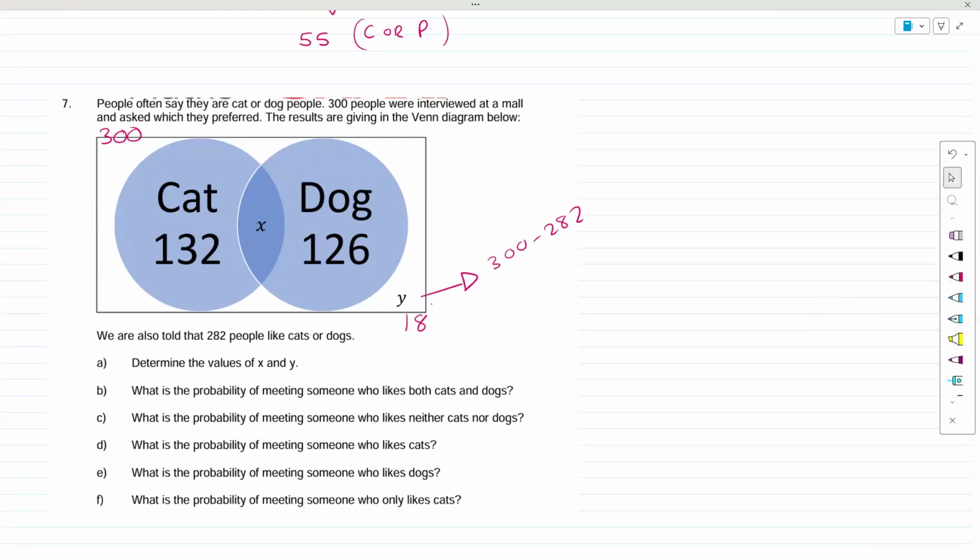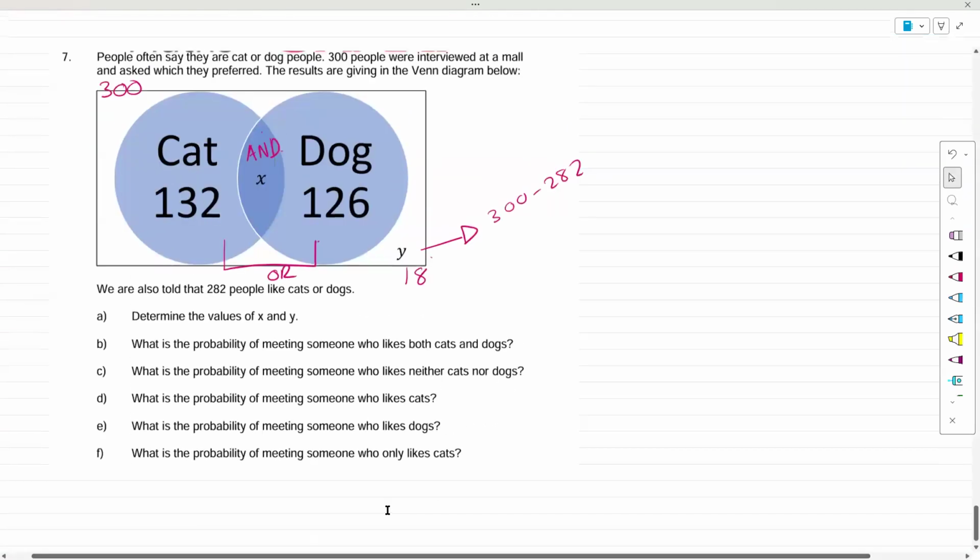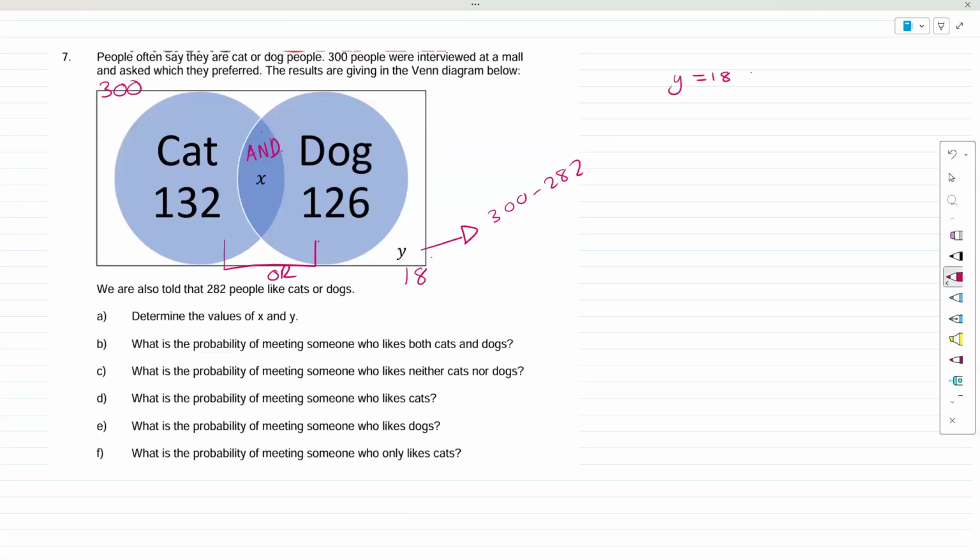Okay, so that one is quite simple because of the or. I've been trying to train you guys to understand that this is or and this is and. Once you understand that, it's very easy. Determine the value of x and y. So y we ended up with as 18 before we even started to answer the question. But x is a bit different. To calculate x, we would take everything: 300 equals 132 plus x plus 126 plus 18.